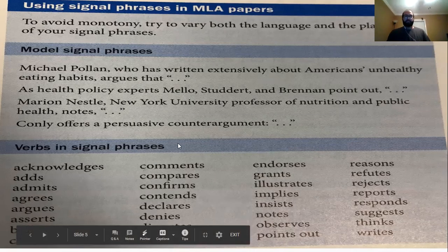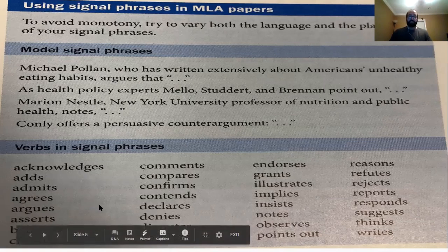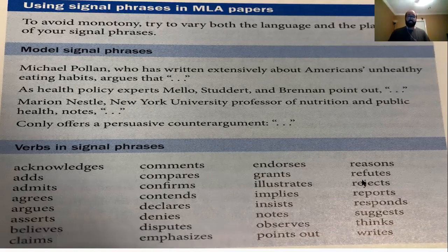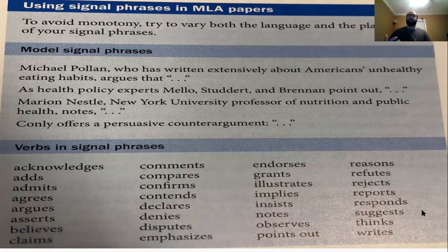So if someone's trying to make a point, you would use something like Pollan argues, or asserts, or contends, or declares. But if they're refuting something, you might use refutes, or rejects, or denies, or disputes. So you have to use the verb that is right for the context of how you're using that quote.